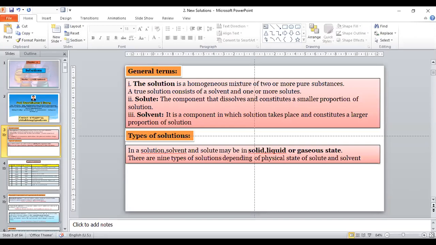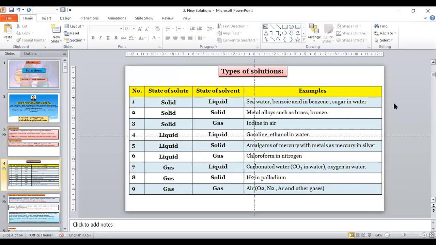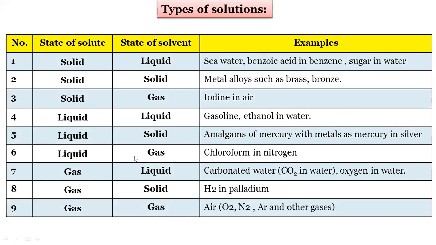I explained these types of solutions yesterday: solid-solid, solid-liquid, solid-gas. So today, go through this. I have already sent the notes of this chapter in detail to you. And I also told you one mark question will be there on this chart.